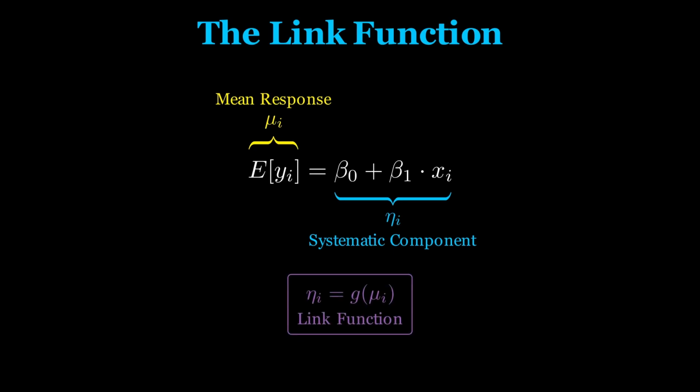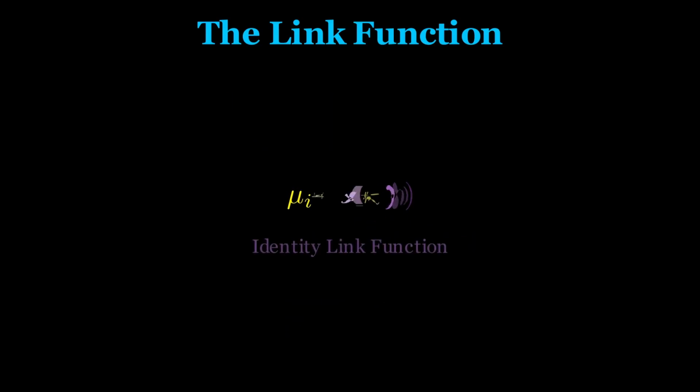Recall that the link function g establishes a relationship between the mean of the response variable and the linear predictors. With some algebra, we notice that mu sub i equals g of mu sub i. So the identity function is a link function for simple linear regression. It turns out that this identity function is also the canonical link function for the normal distribution, which we'll discuss in more detail later.